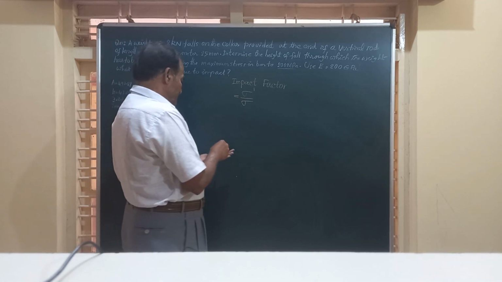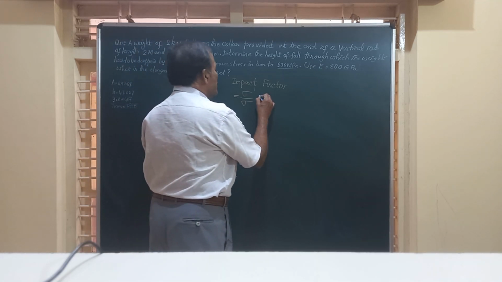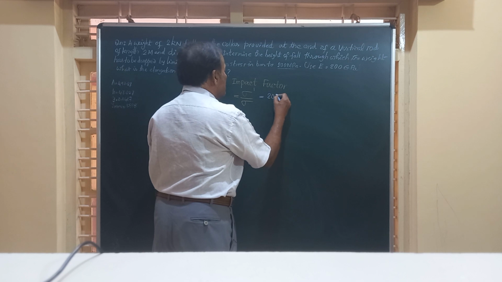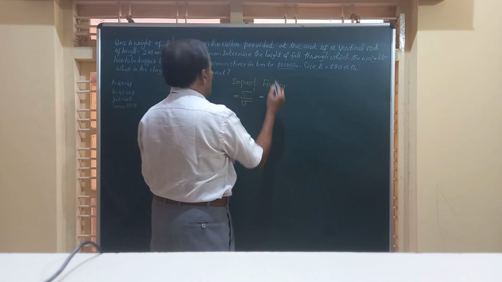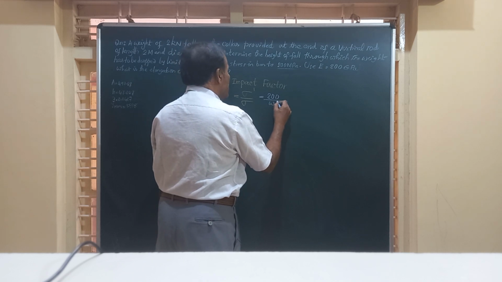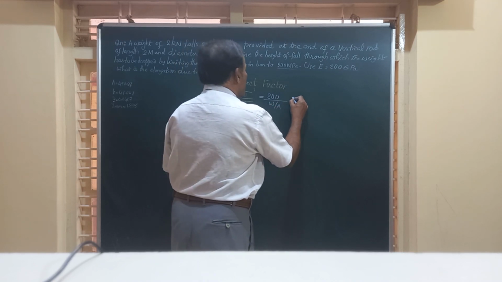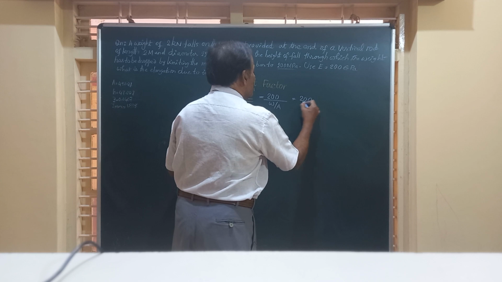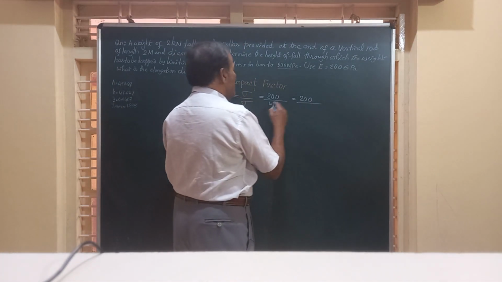So friends, this sigma dash is given to be 200 MPa in the question itself, and the sigma is W by A. So this is 200 divided by W by A.